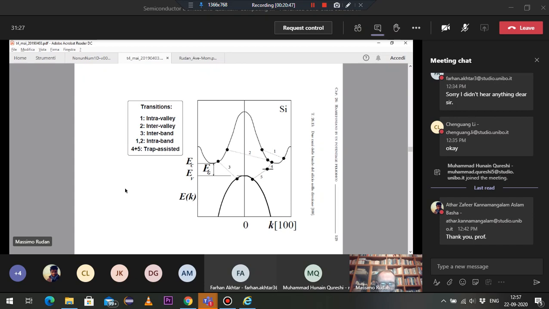Now, it is not obvious, but we shall demonstrate this with a calculation in the near future, that when you have a band that is completely filled with electrons, that is, each k and each energy of the band has an electron in it, that band is not able to contribute to the electric current.